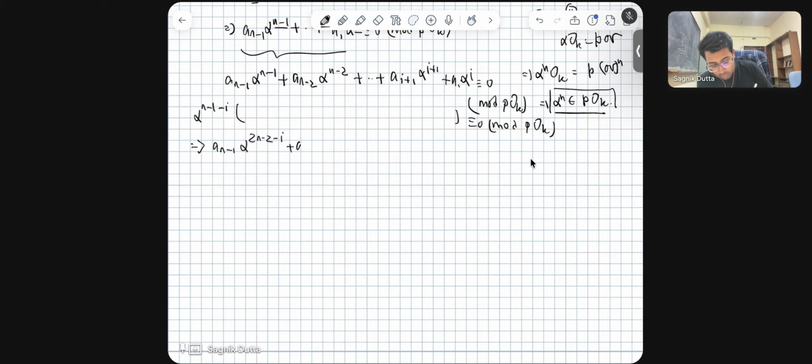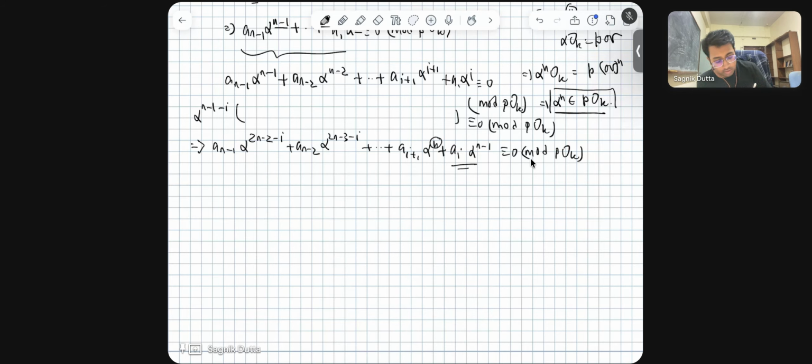Next term will be 2n minus 3 minus i. This will be n, and this will be n minus 1. Now you see, except this term, all the numbers are bigger than n.